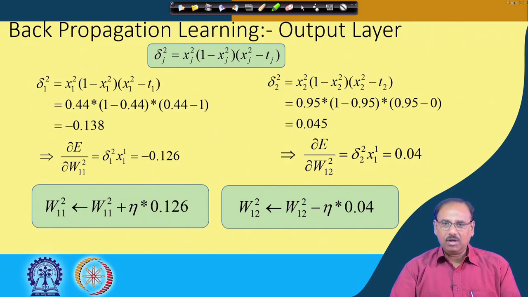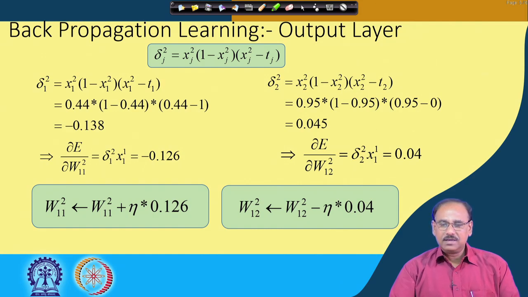My learning algorithm, or updation rule, is actually W 1 1 2 minus eta times del E del W 1 1 2. As del E del W 1 1 2 is negative, its absolute value is being added to W 1 1 2. Similarly, W 1 2 2, which is the connection weight from the first node in the hidden layer to the second node of the output layer, becomes W 1 2 2 minus eta times 0.04.